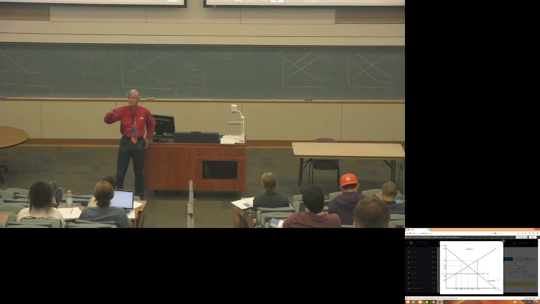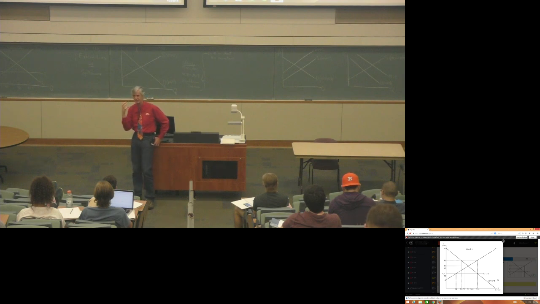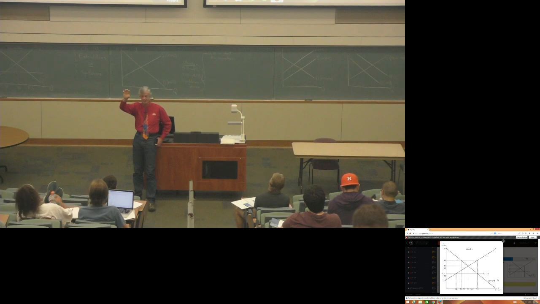Were you here last time? You might have missed it. See, there's a discrepancy between the way I view dead weight loss and the way the book does. So I put in chapter 9 in BB Learn a clarifier there to address that. But also I spent about 5 minutes in class saying, hey, what the textbook calls wasted resources and dead weight loss together to me is dead weight loss.